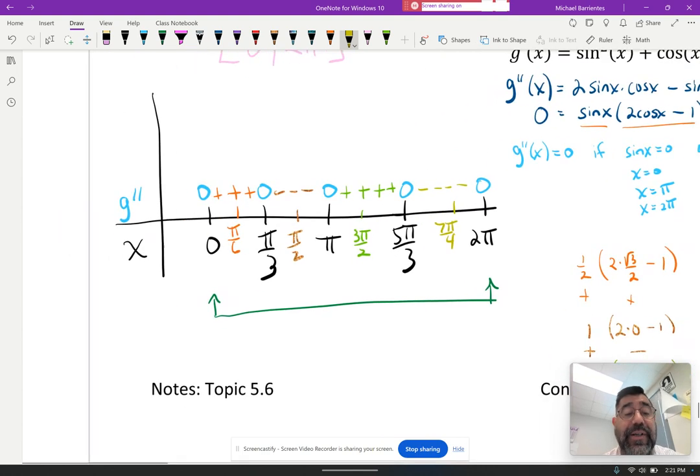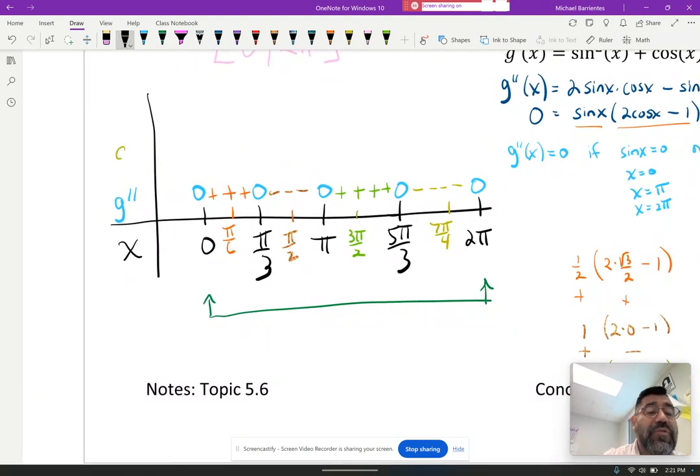But we made our sign chart. What does this tell us about the original function? It tells me that in between 0 and pi over 3, it's concave up, but in between pi over 3 and pi, it's concave down, then it's concave up, then it's concave down.